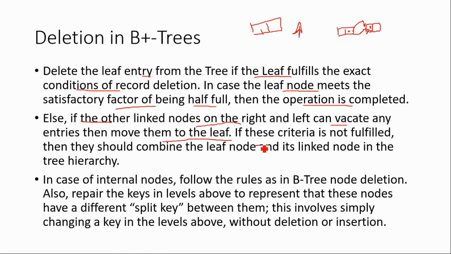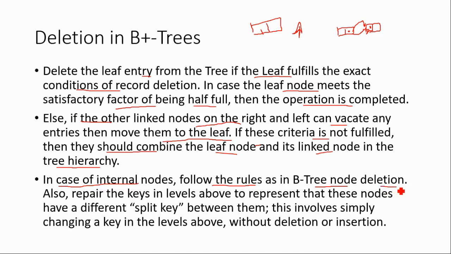Now if this criterion is not fulfilled, then we combine the leaf node with its linked node in the tree hierarchy. So this is the next case: if both the siblings have the minimum number of keys, then we just merge the nodes, and then we are done. In case of internal nodes, the deletion also follows the rules of B tree node deletion.